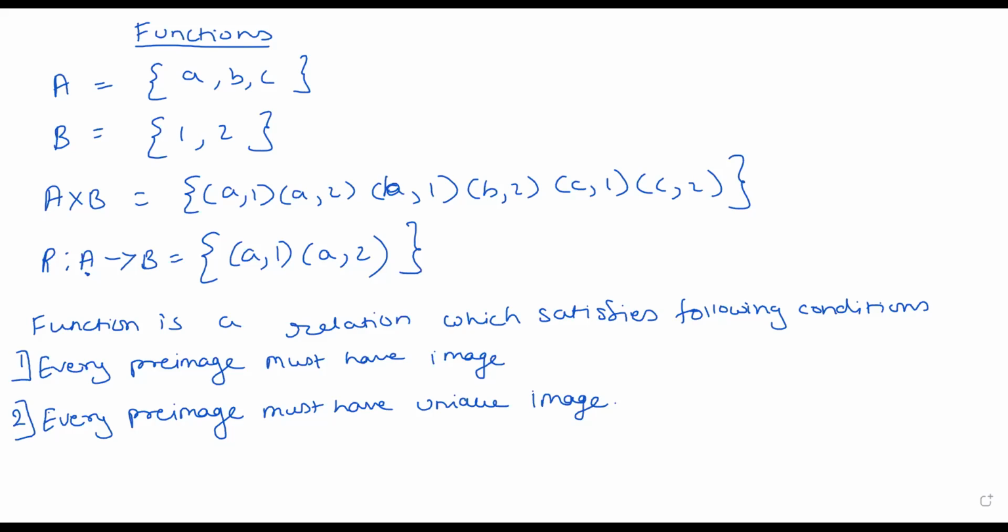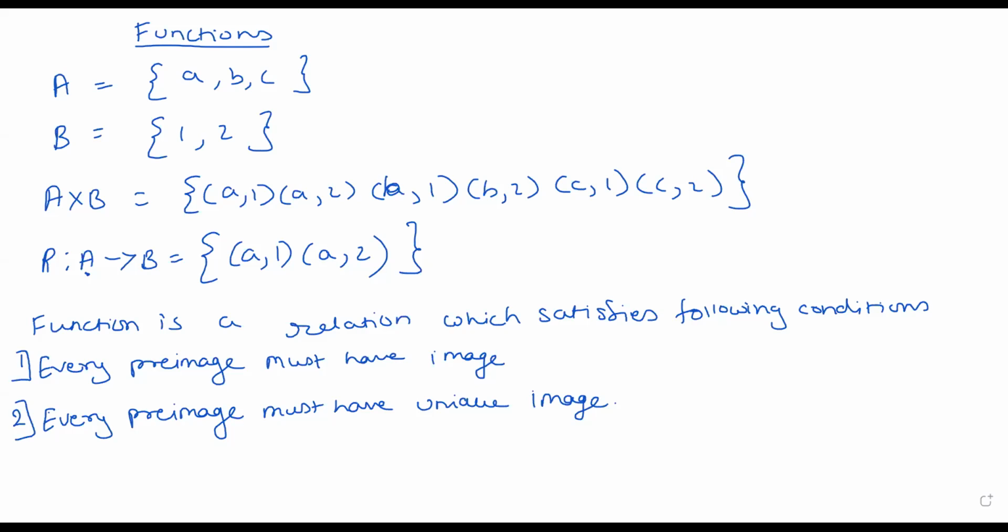That is, every element of A must have an element in B. And second, every element of A should have only one element in B. So if I say the opposite, if there is even one element in A which does not have a corresponding element in B, then that is not a function, that will remain a mere relation.